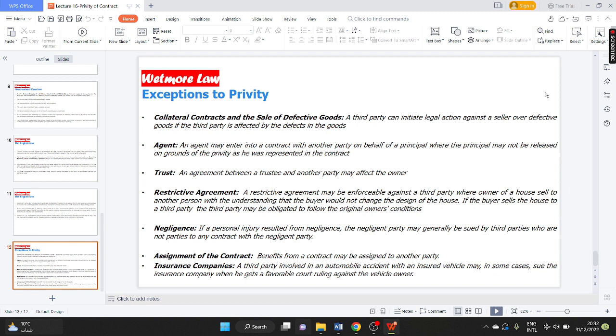If a person's injury resulted from negligence, the negligent party may generally be sued by third parties who are not parties to any contract with the negligent party. Assignment of the contract. The benefit from a contract may be assigned to another party. Insurance companies. A third party involved in an automobile accident with an insured vehicle may, in some cases, sue the insurance company when he gets a favorable court ruling against the vehicle owner.